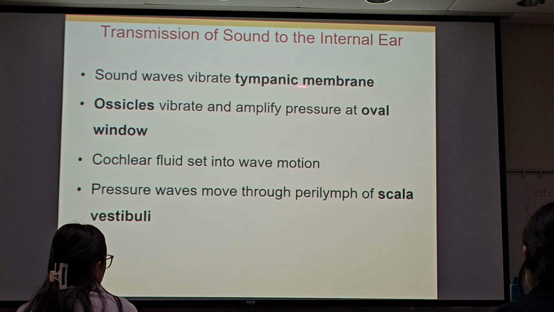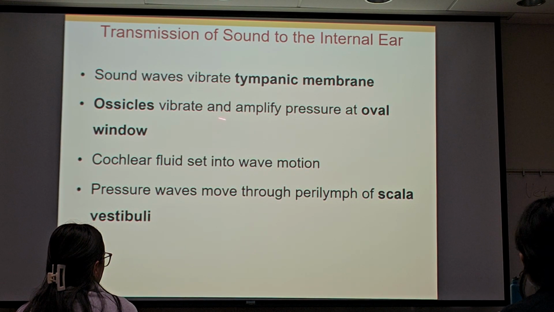Now that sound wave causes the tympanic membrane to vibrate. Behind the tympanic membrane, the ossicles start to vibrate. Malleus first, then incus, and then stapes, right at the oval window, the entrance into the cochlea. Inside there, we have that fluid.